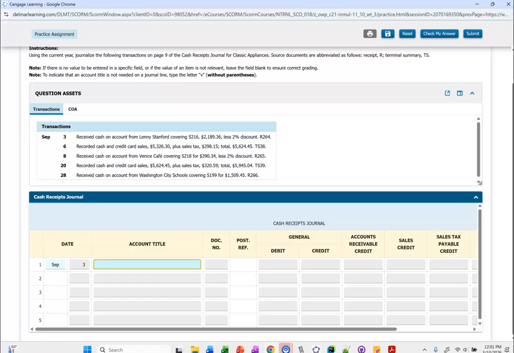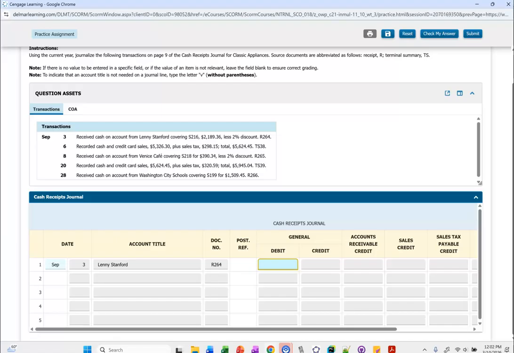Said received cash on account from Lenny Stanford, so that's our account name. The document number was R264, that was the receipt. The sales receipt 216 is not of interest to us.